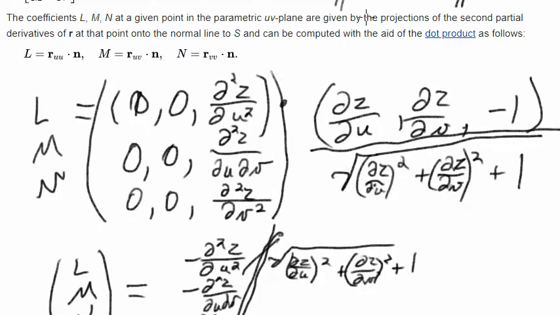This sentence seems to have a little more substance: the coefficients L, M, and N at a given point in the parametric uv plane are given by the projections of the second partial derivatives of r at that point onto the normal line to the surface, and can be computed with the aid of the dot product as follows.